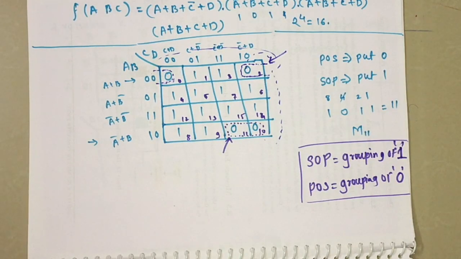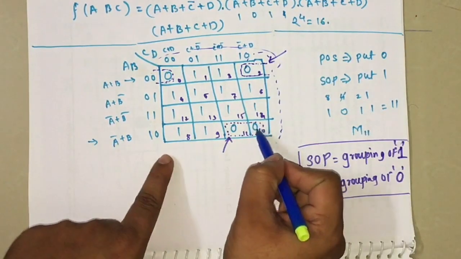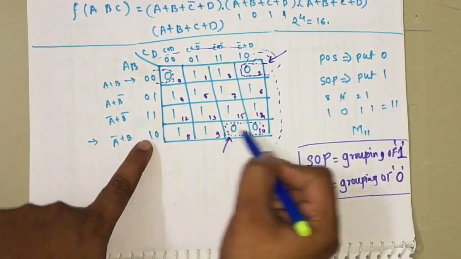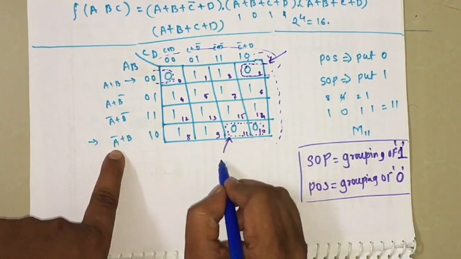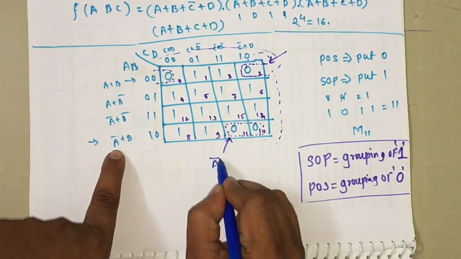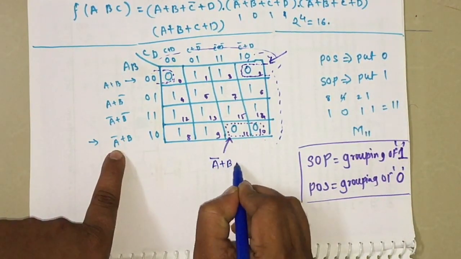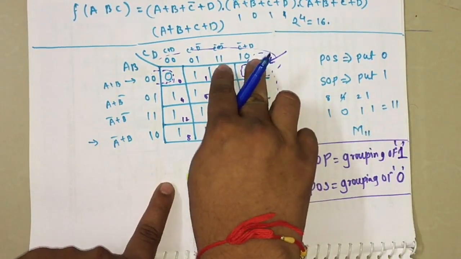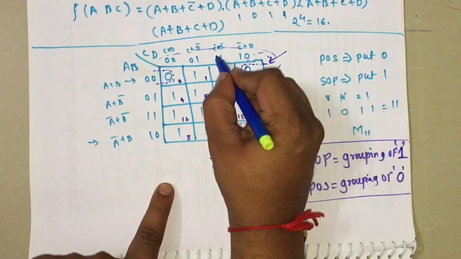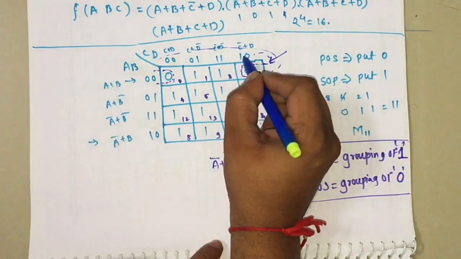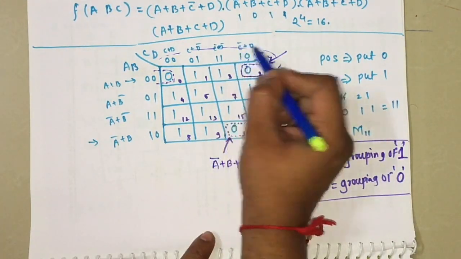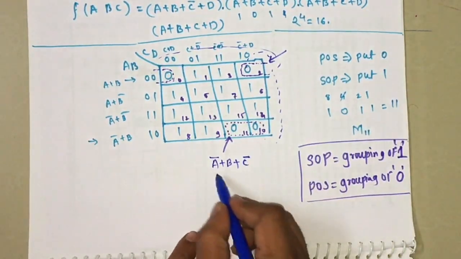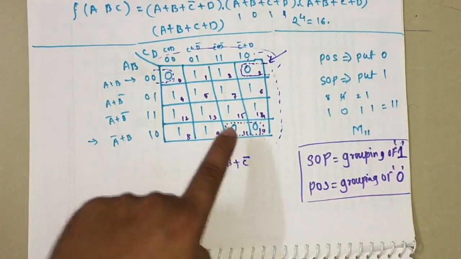So how do we write the equation for this pair? For this pair, the row value is A bar plus B. From these two columns we find the common factor. The common value is 1, and 1 indicates C bar. So that is the equation for this pair.